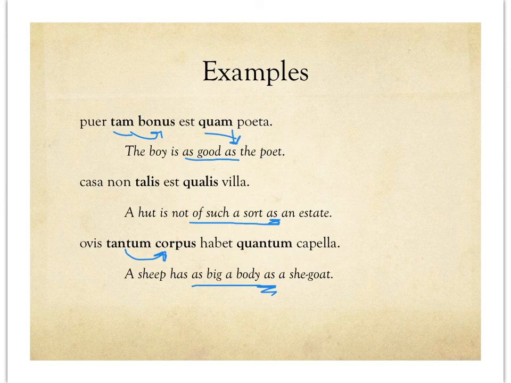It's also in the nominative. Tantum and quantum are really modifying corpus. They're in the accusative, neuter, right? But when you see tantum and quantum, even though they're in different parts of the sentence, not exactly side by side, we translate it as big as or as great as.